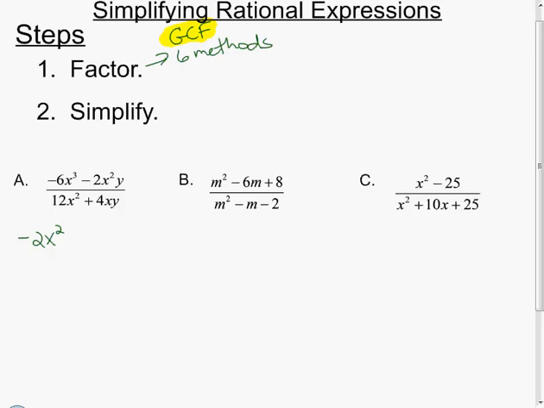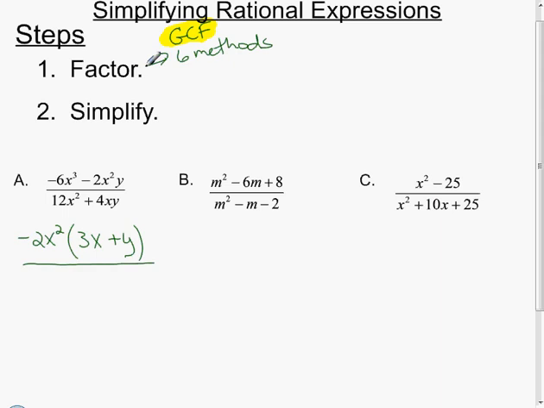So I'm going to factor that out of the top expression and divide both terms in the top expression by negative 2x squared, and that's going to give me 3x plus y. So the numerator is just re-expressed as a product, which means I've factored it.